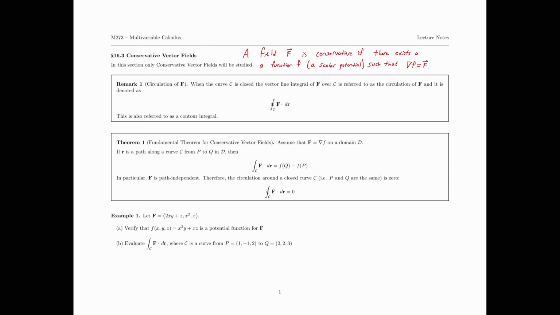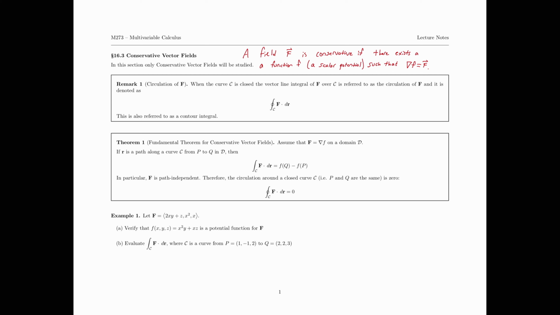So essentially, what we're saying is a vector field capital F is conservative if you can find another function so that when you take its derivative, I know that this is the gradient, but the gradient is a type of derivative. So, in other words, conservative kind of means antiderivative.